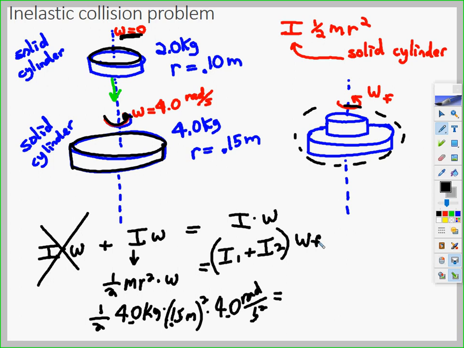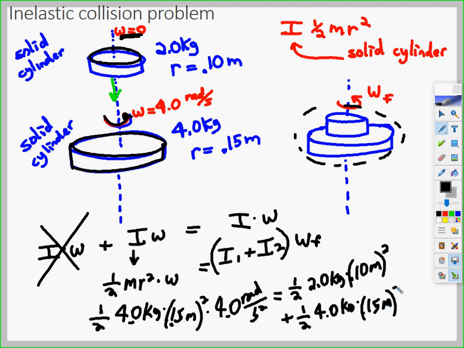So it's a lot of math here, but it's just like adding masses, but now we're adding moments of inertia. 1/2 times 2 kilograms times 0.10 meter squared, plus 1/2 times 4 kilograms times 0.15 meters squared.